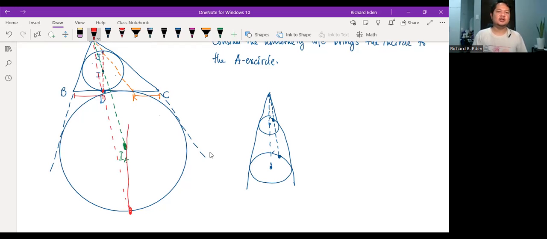Pero kasi, nung diameter DJ is perpendicular to BC, right? So therefore, what can we say about the image diameter? Kung vertical nung small diameter, then the big diameter will also be perpendicular, because when you apply a homothety, it does not change the slope, the inclination of lines and segments.